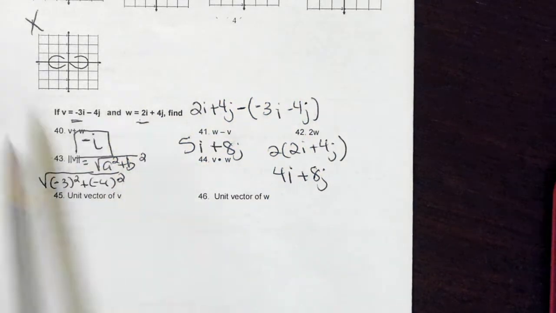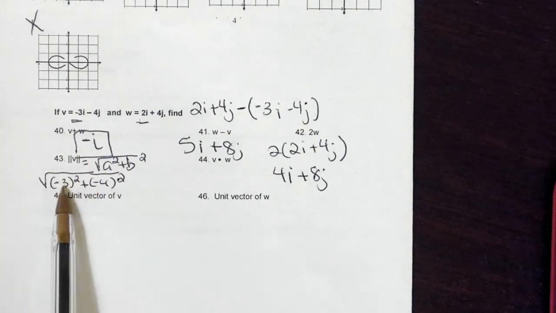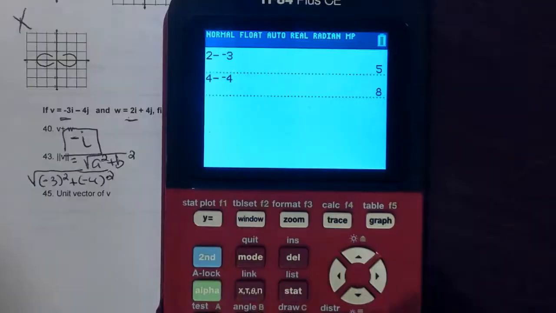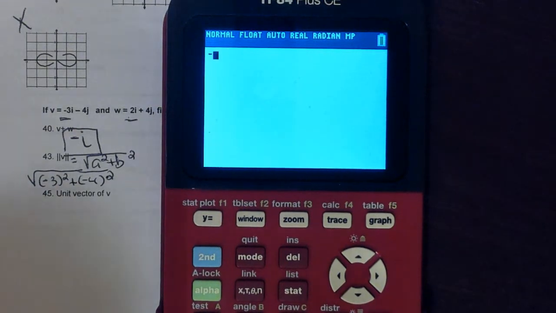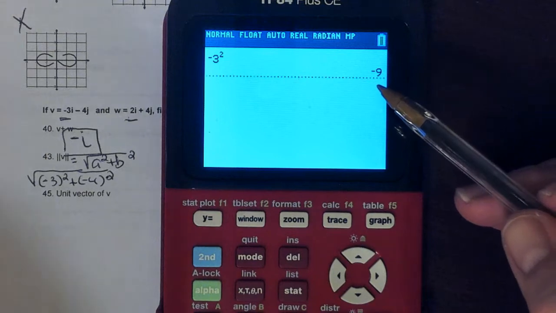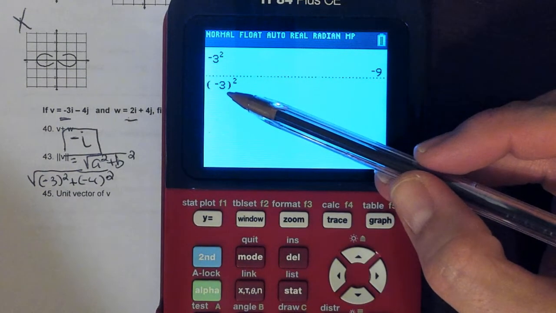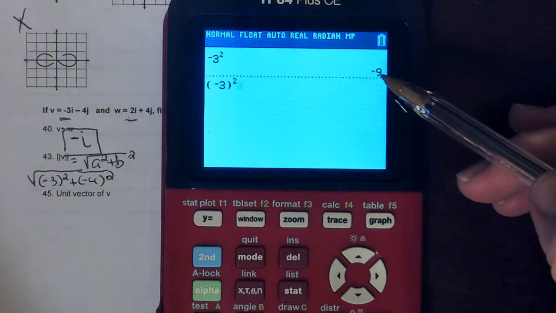Y'all, a lot of y'all mess this up in class. Remember, anytime you square a negative, it's going to be a positive. So if you're using your calculator, I know some of y'all do, some of y'all type it in like this. You get a negative 9, and out of habit, you think the calculator is always right, you think you're wrong, and you write down negative 9. When you type it in your calculator, if you don't put the negative in parentheses, the calculator will give you a negative.